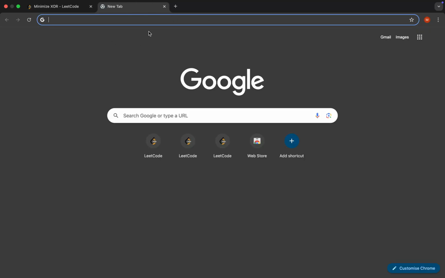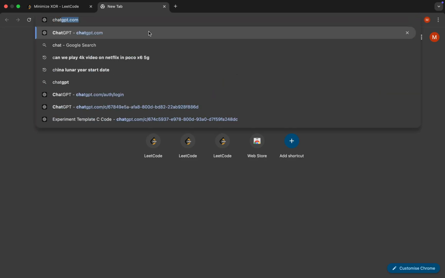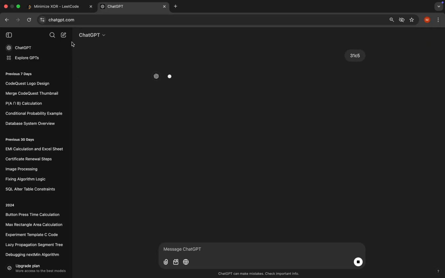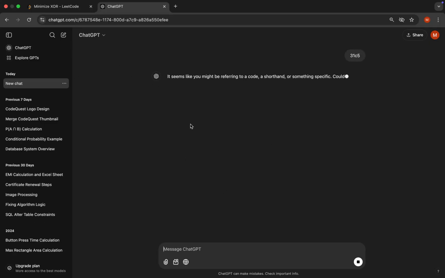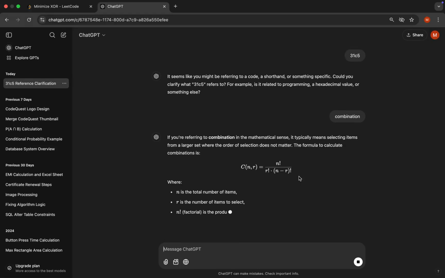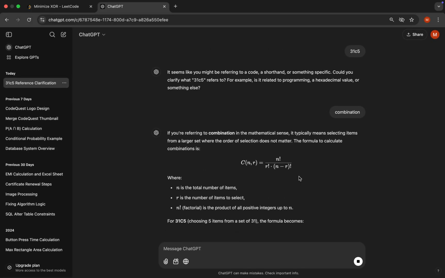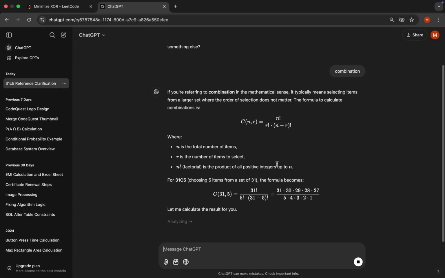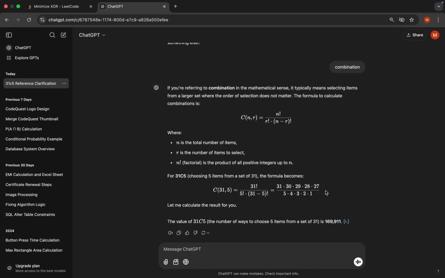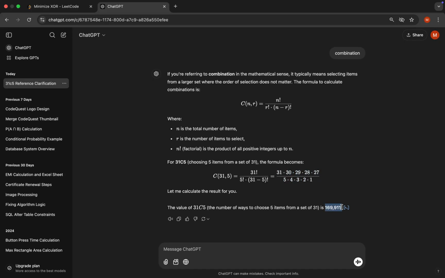Let me figure out what 31 C 5 is. As you can see, 31 C 5 is a very big number, 169,000, which is approximately 10 to the power 5.